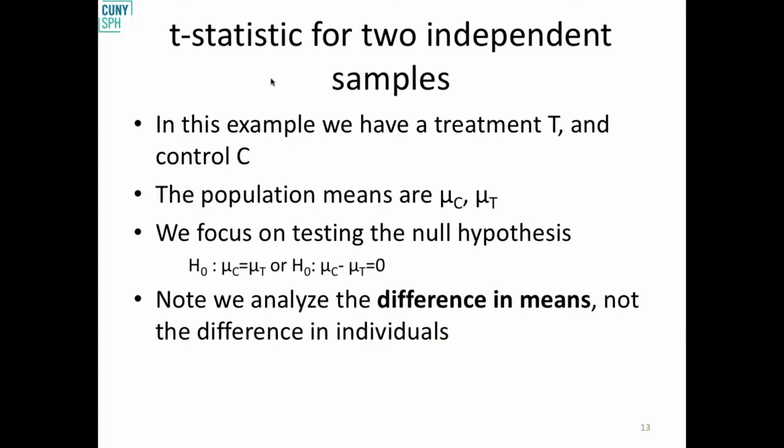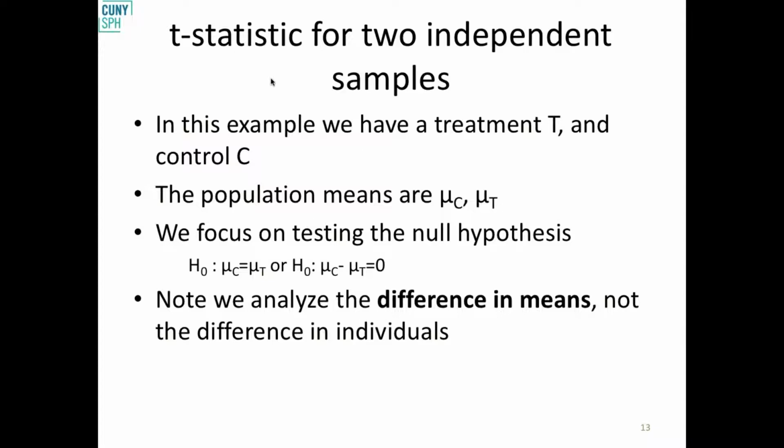You're going to take a sample from the general population and divide these people randomly up into two groups. One is your treatment sample, the other is your control sample. Control sample is going to get placebo. Treatment group's going to get the actual drug.